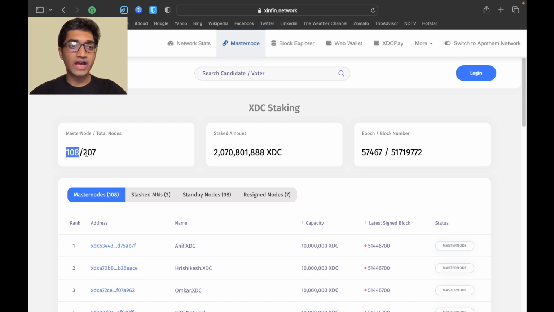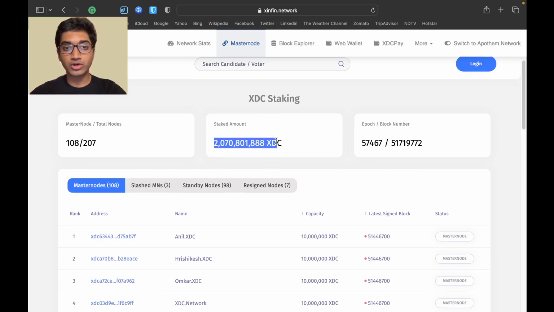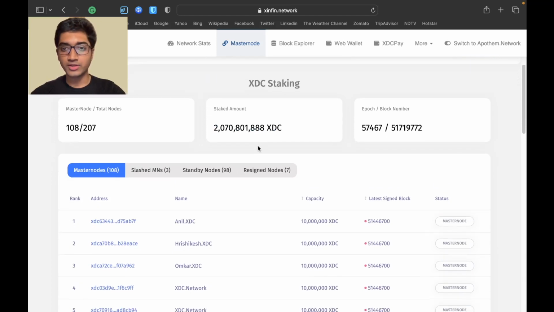They're all seen here. And the total number of nodes which are currently on the network is 207. This is the total number of staked XDC, which is around 2 billion, staked XDC, which is around 200 billion. And this is the epoch number and the block number.